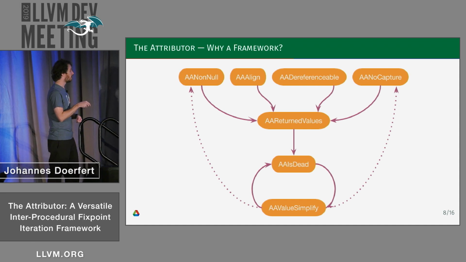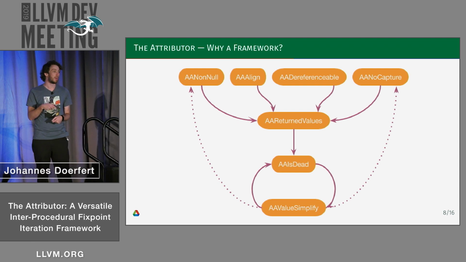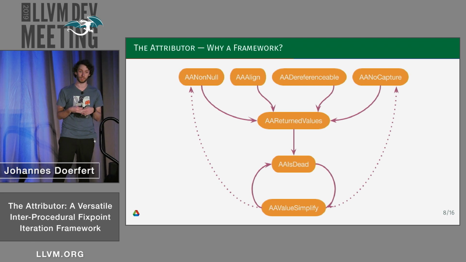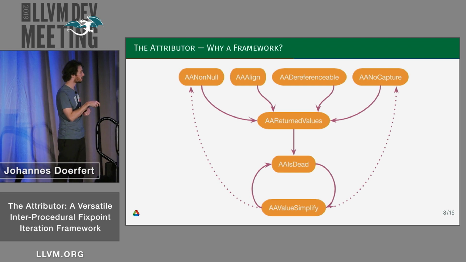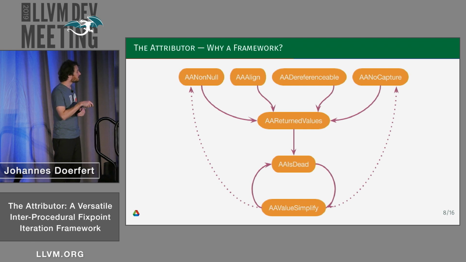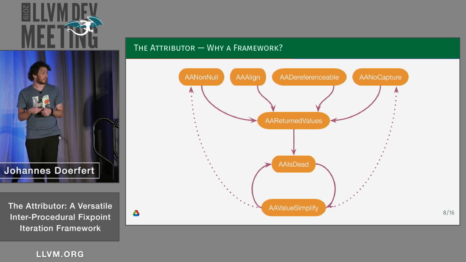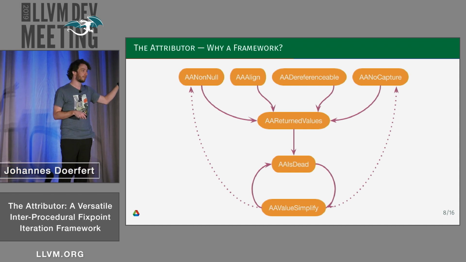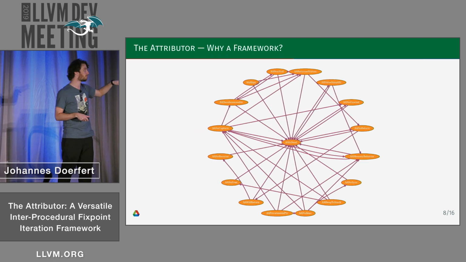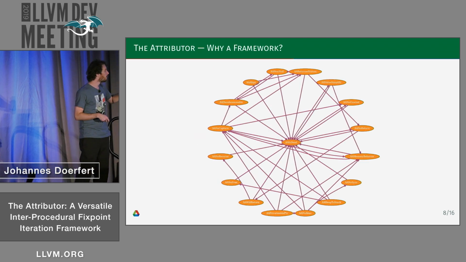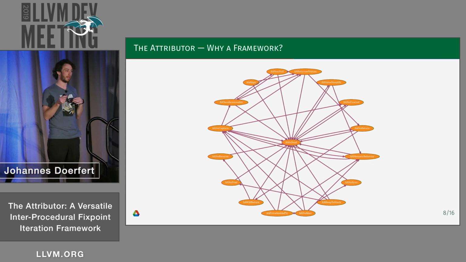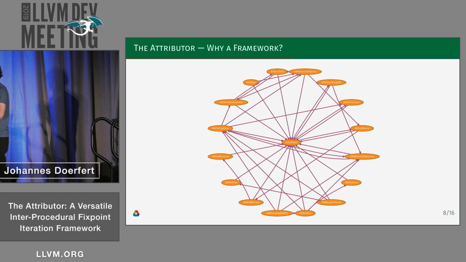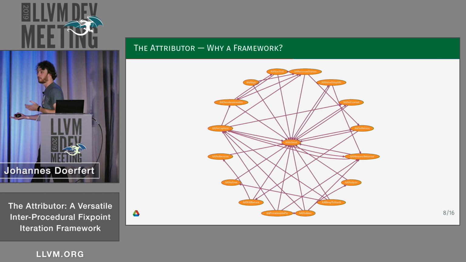That thing uses the liveness information, which uses value simplification, which is like constant propagation and constant folding, and so on and so forth, which in turn uses liveness information. These dotted edges don't exist yet, but should exist. And a lot of things use return values. So this is just a nice looking graph to explain to you that there are dependencies between things, because the real graph looks like that. We have more attributes and more dependencies between things, and it's for sure not the end. We can add more interconnected dependencies and reasonings, things like memory.